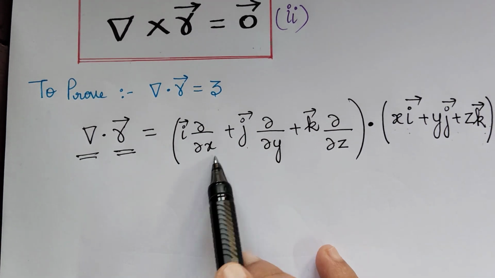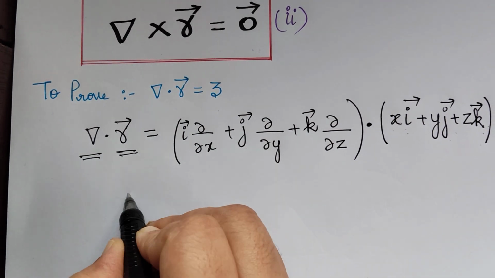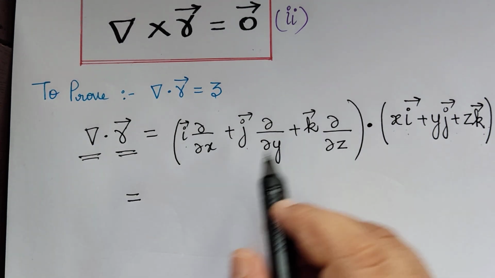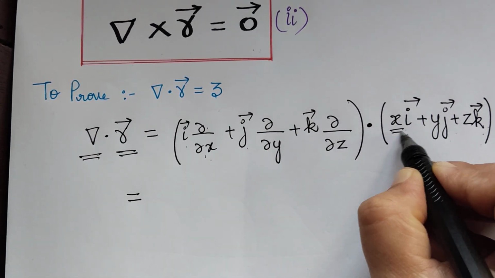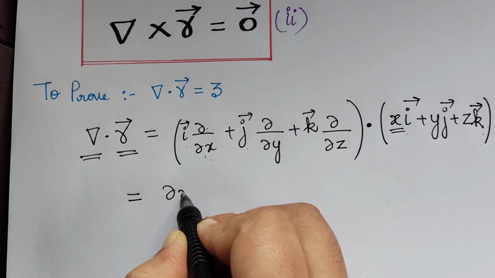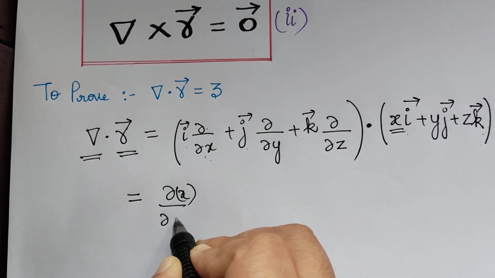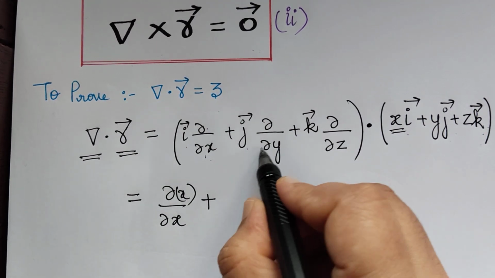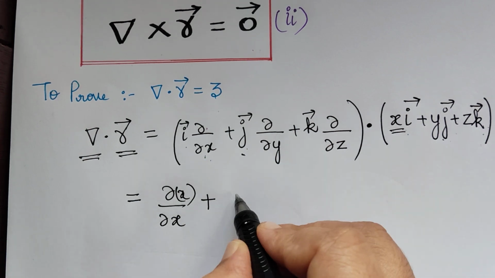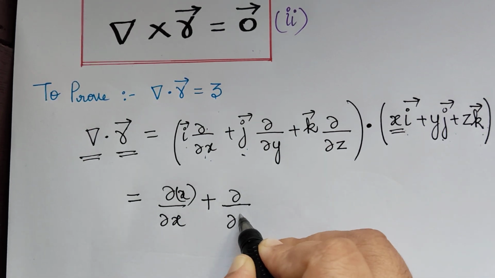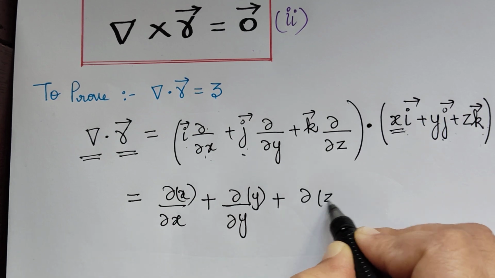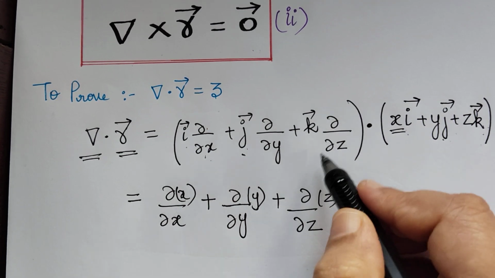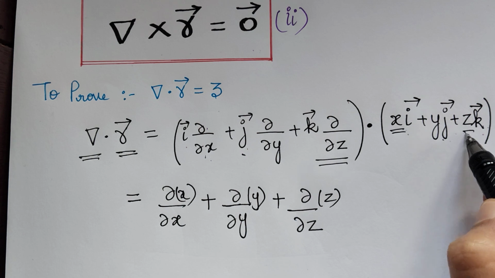So component wise we have to take, that is i with i is 1. So we have dou by dou x over here, and here we have x. So it will be dou x by dou x, differentiation of x with respect to x, plus the second is j with j, differentiation of y with respect to y, plus differentiation of z with respect to z, because here we have z.